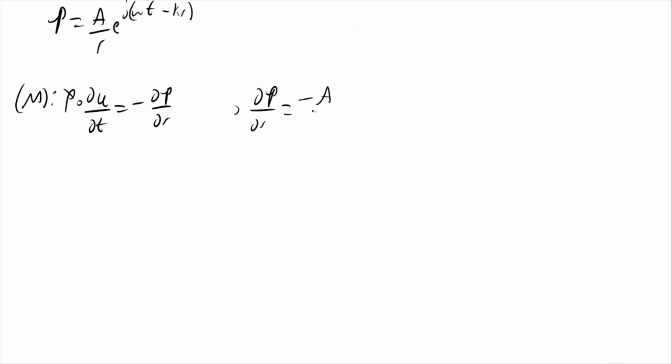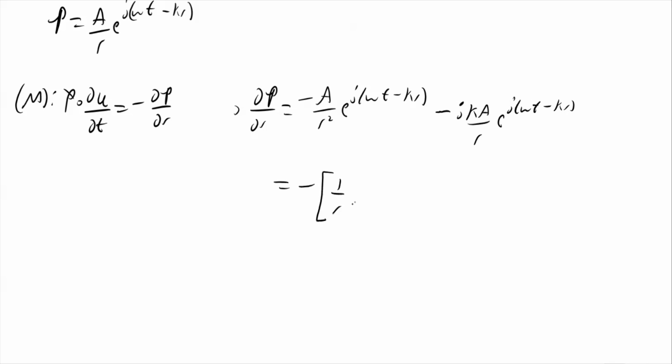It's negative a over r squared e to the j omega t minus kr, minus j k a over r e to the j omega t minus kr, which can be rewritten as negative 1 over r plus jk, times p.